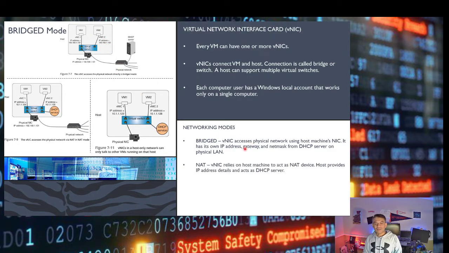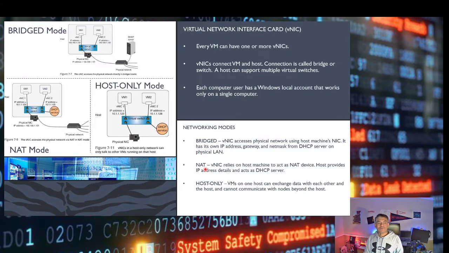So the next one is the NAT setup for the NAT mode, the second networking mode that we are going to talk about, and that is depicted in the diagram or the picture right here on the left side, the one that I am pointing at with my laser.